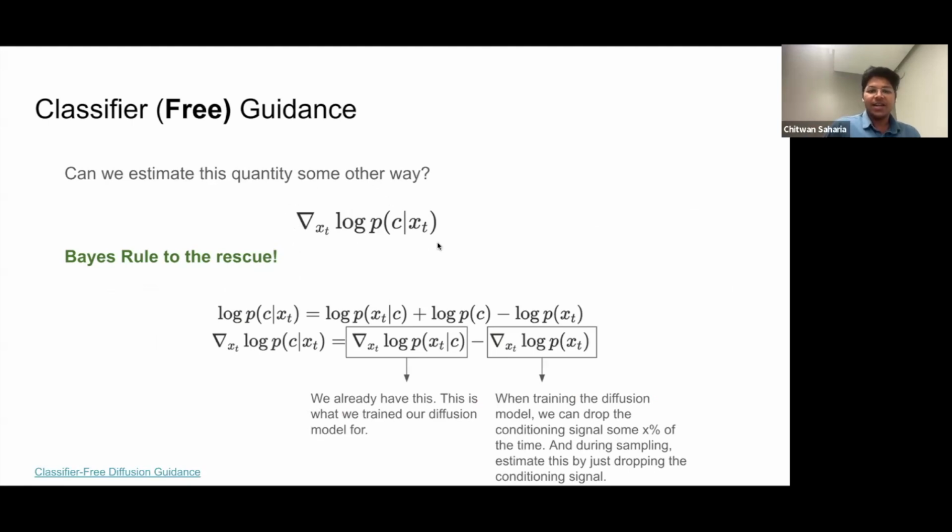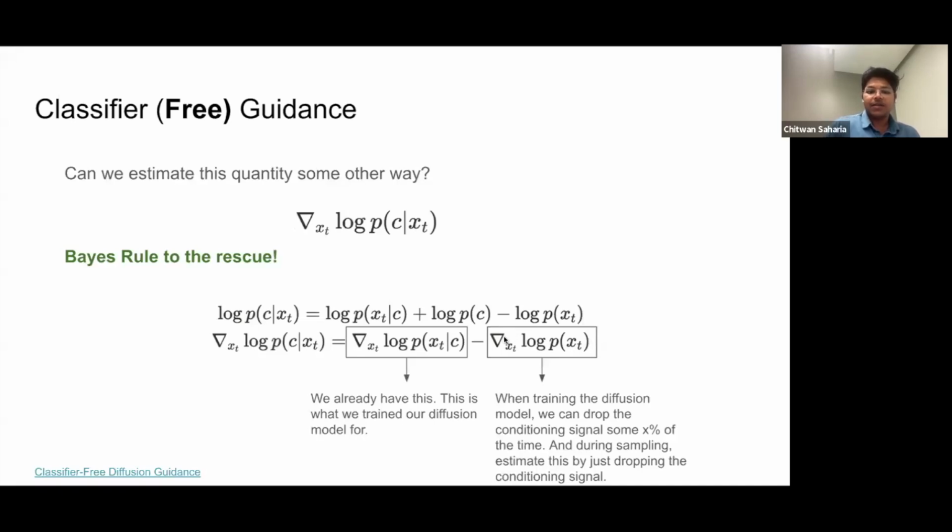So this was the gradient that we cared about, right? And we can actually just write Bayes' rule here. And you can see that this basically simplifies to having access to the gradient of xt given c that we already have. This is the diffusion model that we already trained. And this new gradient, which is basically the unconditional distribution score.